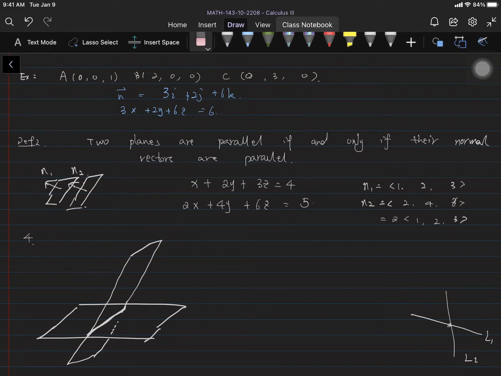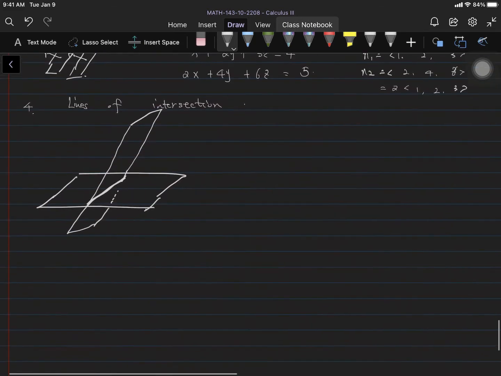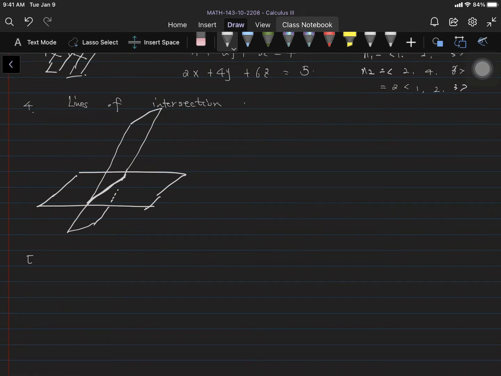Right now we have two planes, and the intersection is a line. So the next topic is lines of intersection. Let's see how to find the intersection from an example. Example 7. Find a vector parallel to the line of intersection.